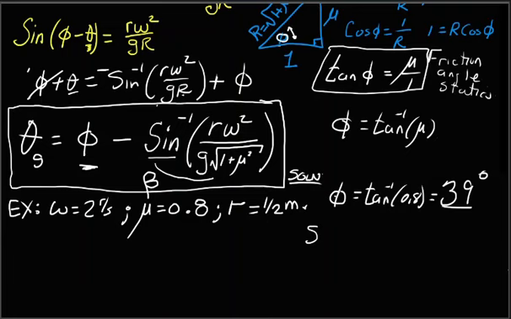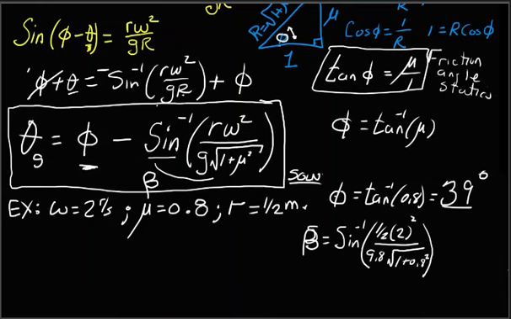It's a dynamic angle. And beta will be sine to the minus 1 of 1/2 of a meter times 2 radians per second squared times 9.8, over the square root of 1 plus 0.8 squared.